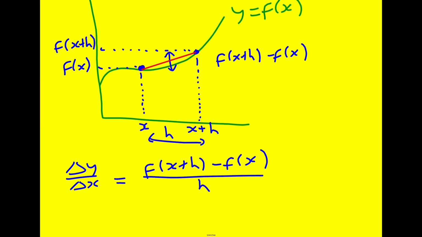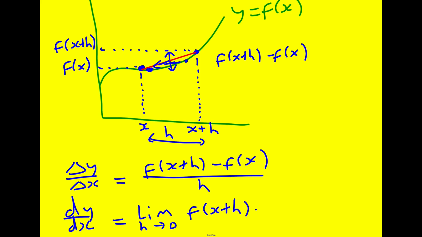And now, what happens if I want to know the instantaneous gradient? That is, I want to move the point closer and closer. It's not letting me do it on here, but I basically want to move the point closer and closer along here. Well, I'm going to take the limit as h tends to 0 of this thing.